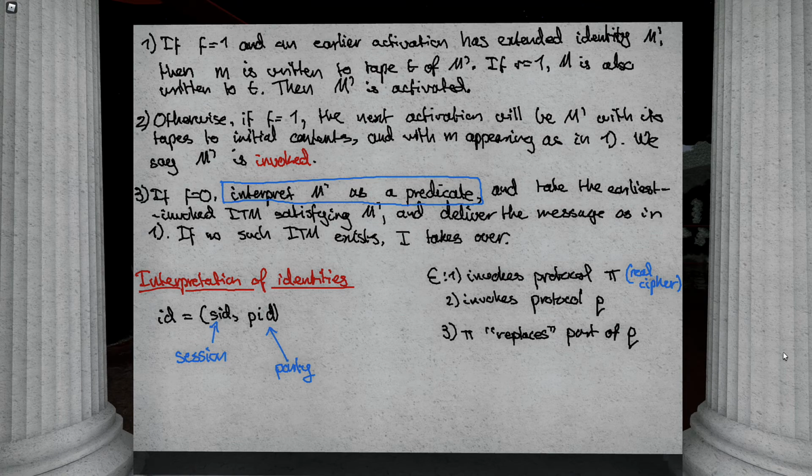And then rho says, I want to encrypt a message. So it says, give me a machine with the ability to encrypt messages. And because the real cipher was invoked first, the predicate will go ahead and find the real cipher. Messages in rho ask for cipher machine.